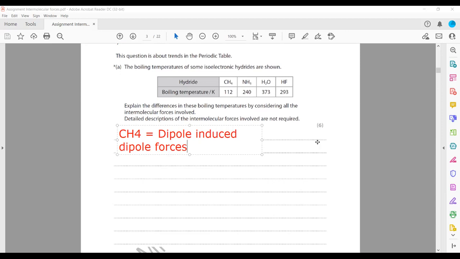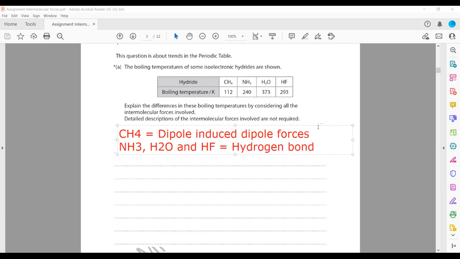Whereas NH3, H2O, and HF will have hydrogen bond. So first, when you mention the type of bonding, for methane it is dipole induced dipole, and for water, ammonia and hydrogen fluoride, it is hydrogen bond. So you will score 2 marks.